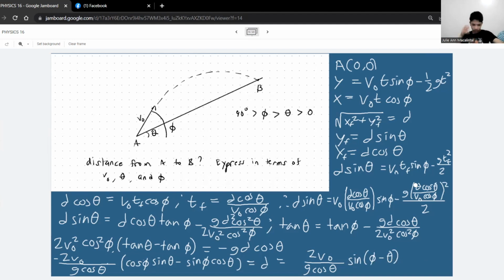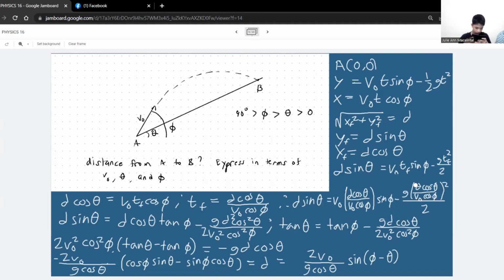So cosine phi, then sine of phi minus theta. That's D. Over g cosine theta, sine of phi minus theta. Okay.